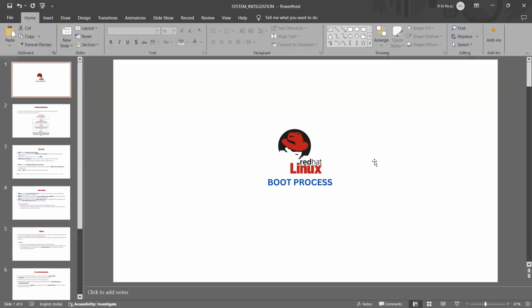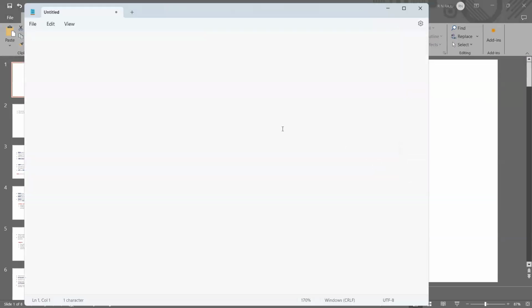In this process, the Linux system crosses several stages. The first one is the system uses BIOS or UEFI mode. It is the first stage of the Linux system.